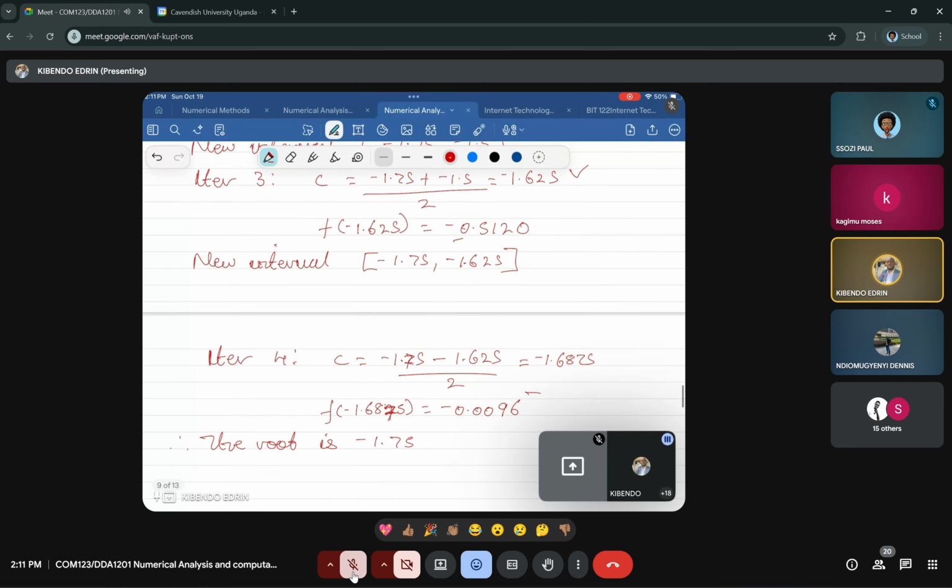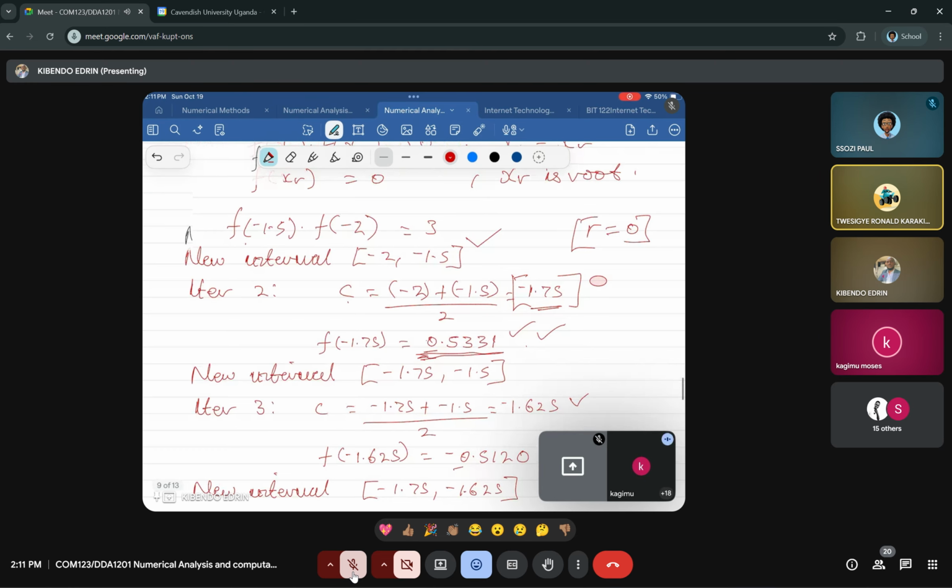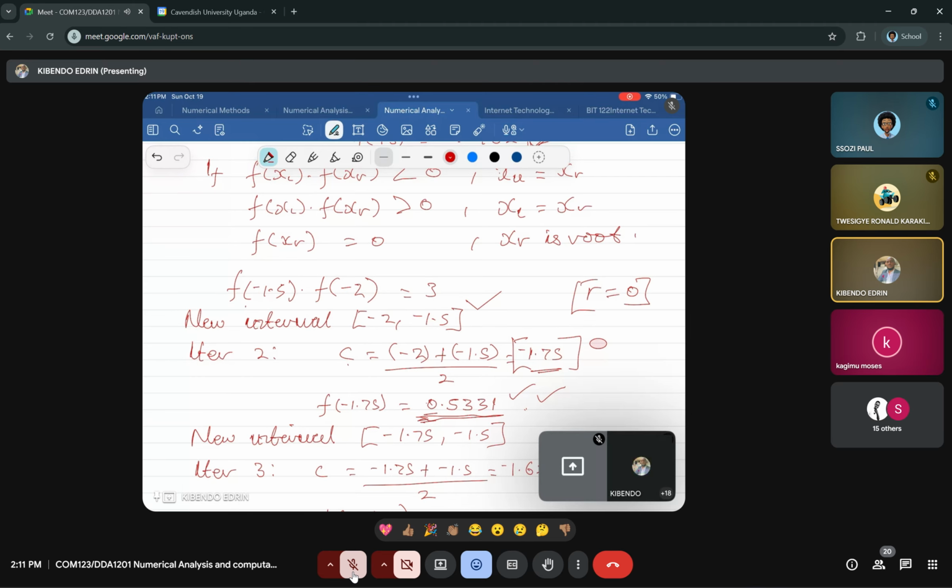Are you saying this is closer to 0 than 0.5? He also added that we always prefer the positive. You see, negative is not closer to 0. The one closest to 0 is that 0.5.